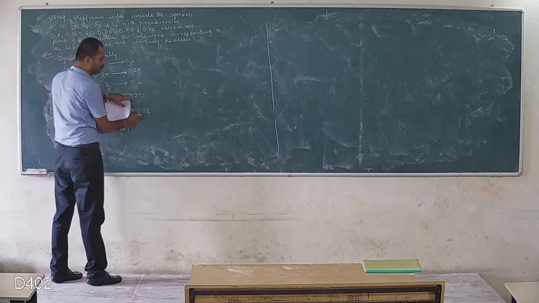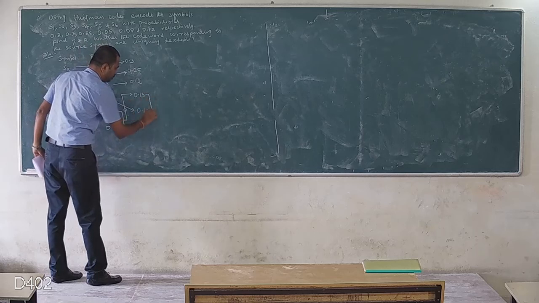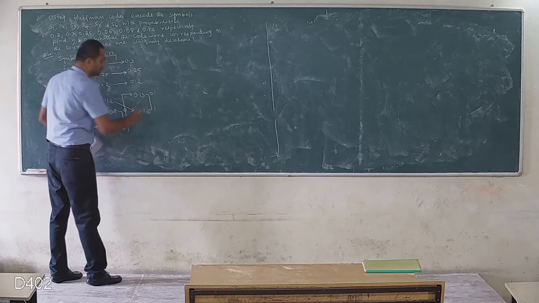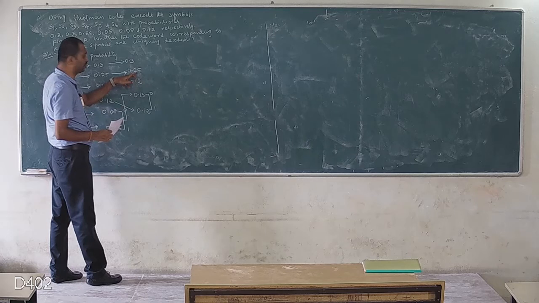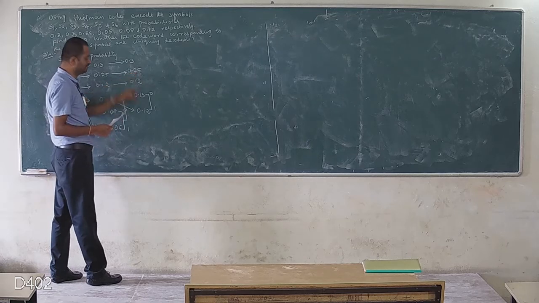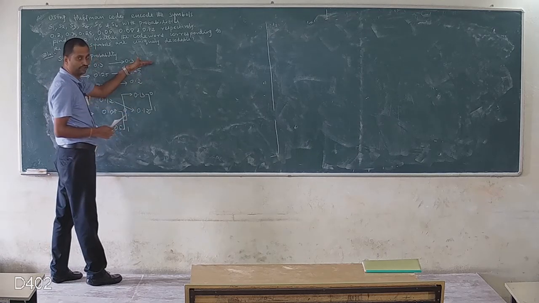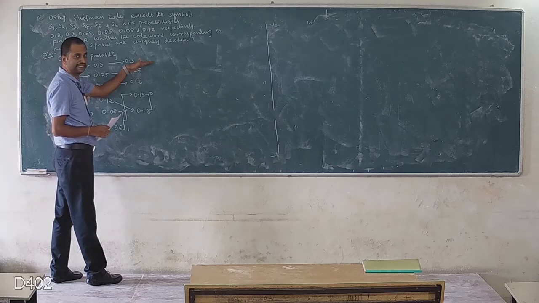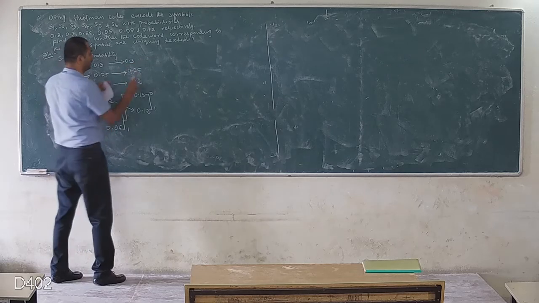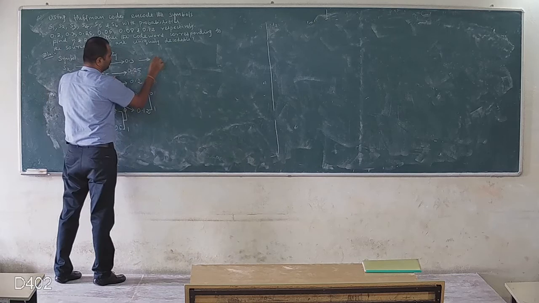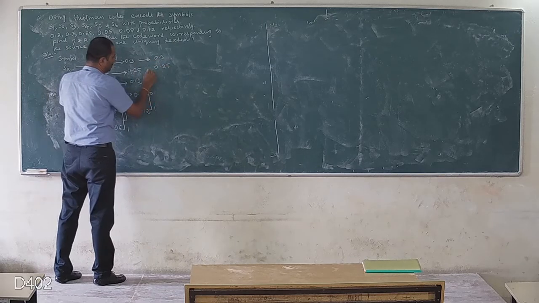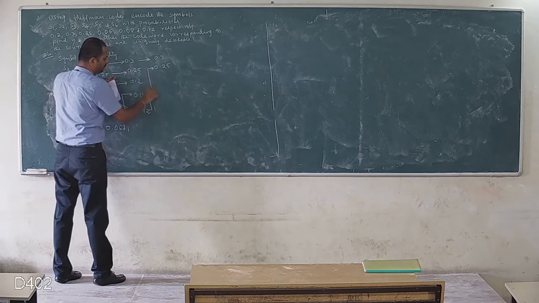Now for the lowest two, assign a 0 and 1. Add these two, you'll get 0.25. As I advised, this 0.25 should be moved above the other 0.25. That is called arranging the combined symbol as high as possible. So retain this 0.3 as it is. By combining these two symbols, you'll get 0.25.